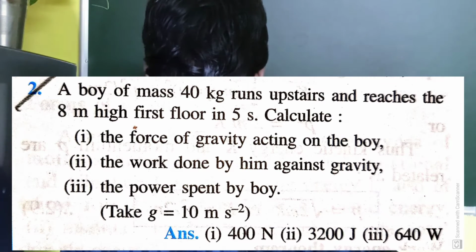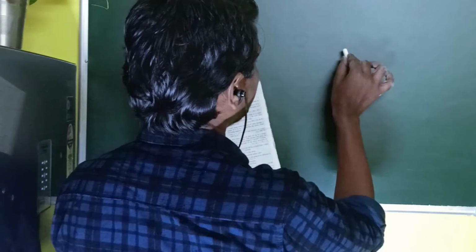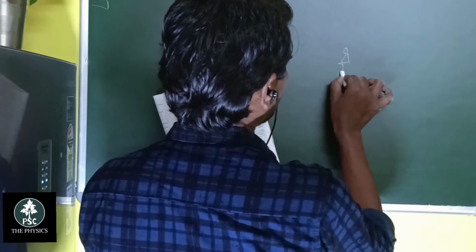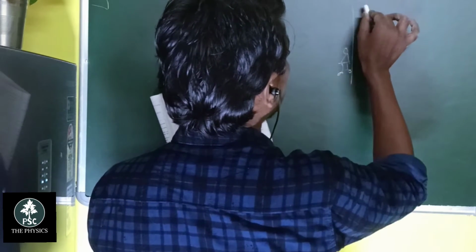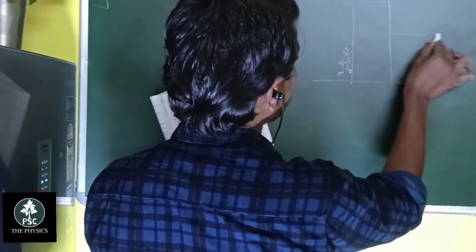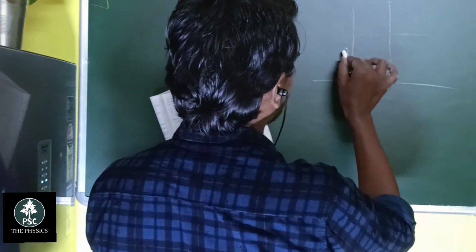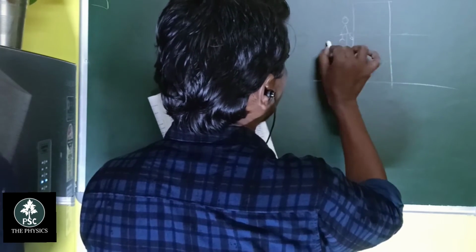And the force of gravity acting on the boy. Okay, so the boy, and this is a floor. Suppose this is the first floor, and the boy moves upstairs and stays at that particular one.